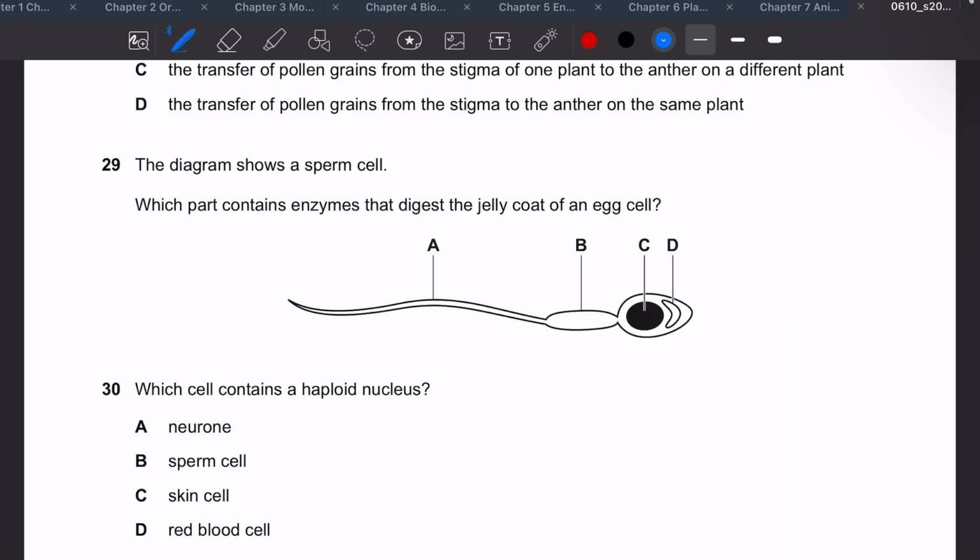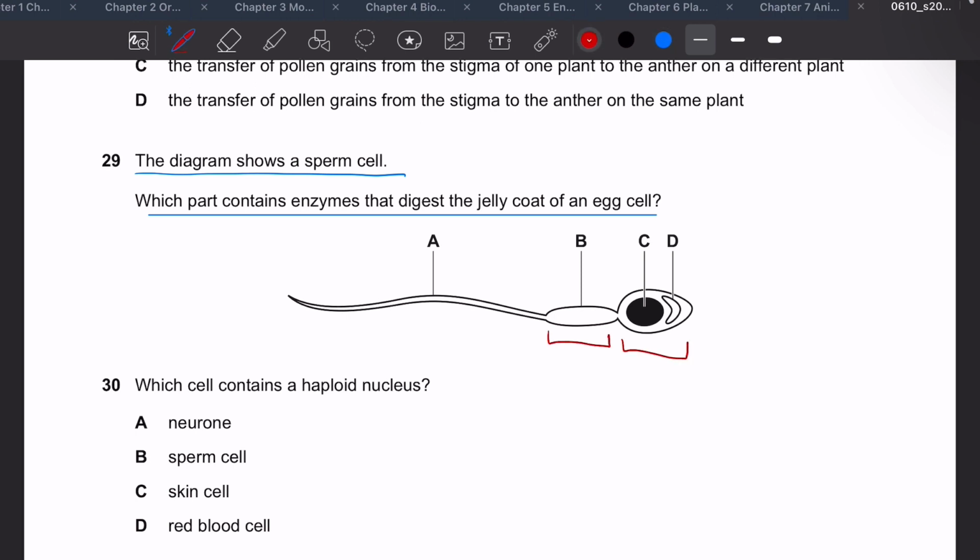Number 29. The diagram shows a sperm cell. Which part contains enzymes that digest the jelly coat of an egg cell? So you're looking at a sperm cell. The sperm cell consists of 3 parts: head, midpiece, and the tail. Within the head there are 2 main parts called acrosome and the nucleus.